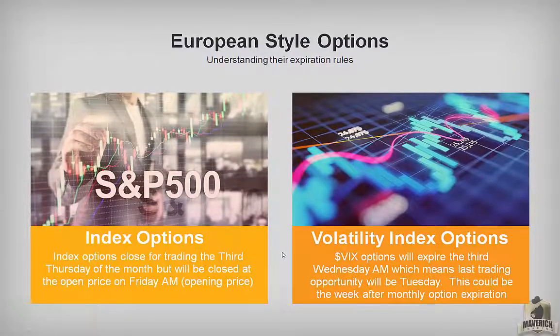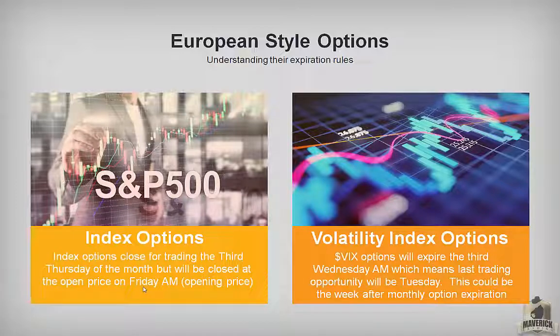Now, European style, like we said, VIX options will expire on a Wednesday. Your last trading opportunity is Tuesday because it's going to be settling based on Wednesday's open. For the SPX index options, again, the third Thursday is your last trading day because the settlement is based on Friday's open. And even the settlement values can be really kind of strange.